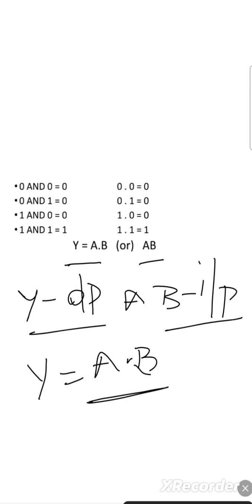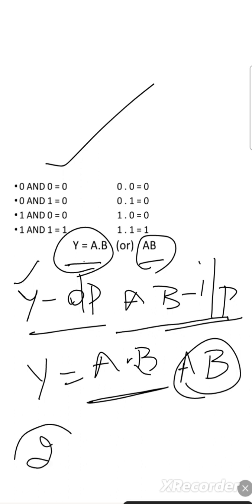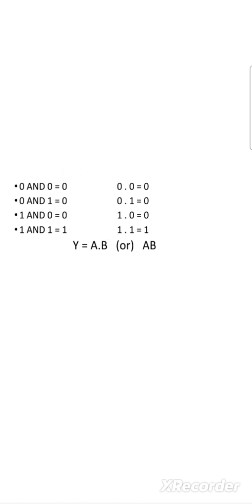If we have to multiply A and B, we use simply AB or A dot B. It is simply termed as multiplication. So y is the output and the remaining 2 are the inputs. There should be 2 or more operands, that means two operands are compulsory here. So this is the operation of AND.